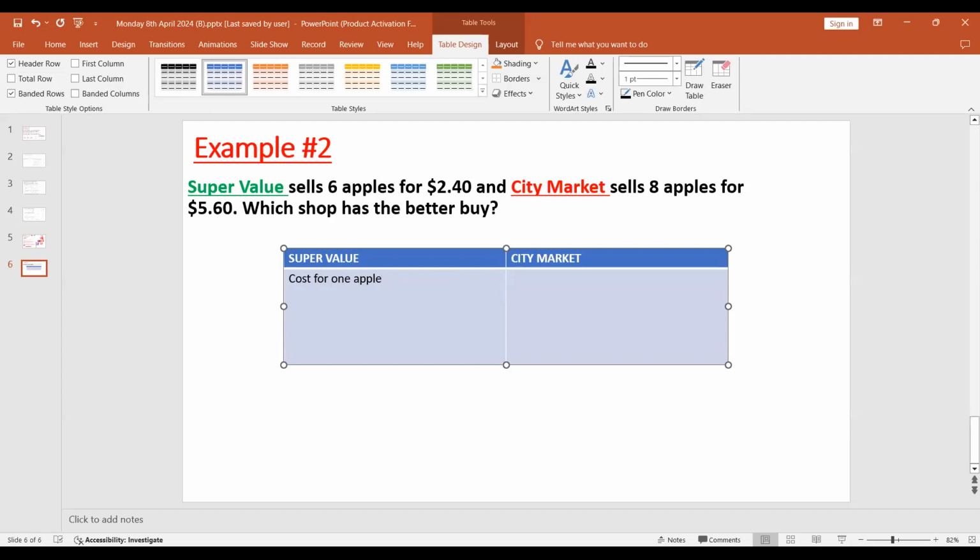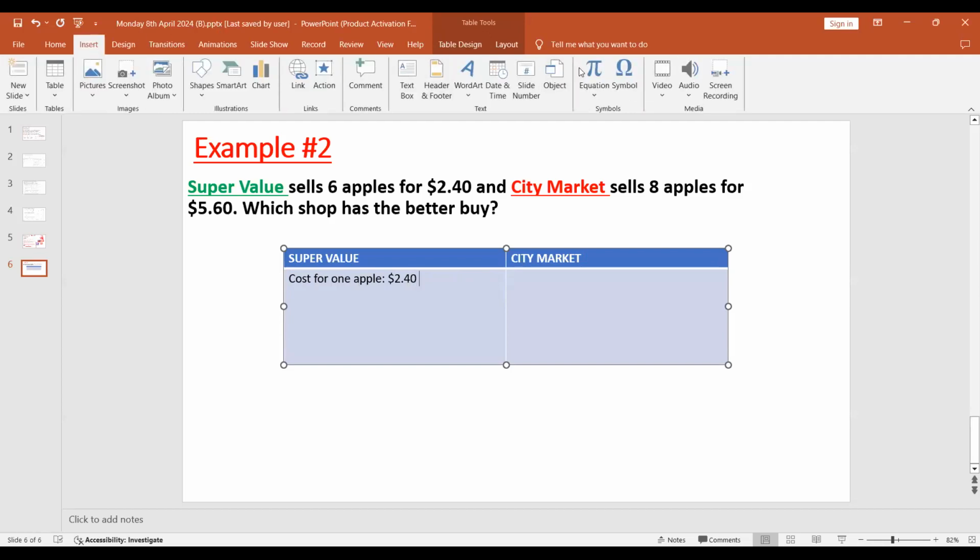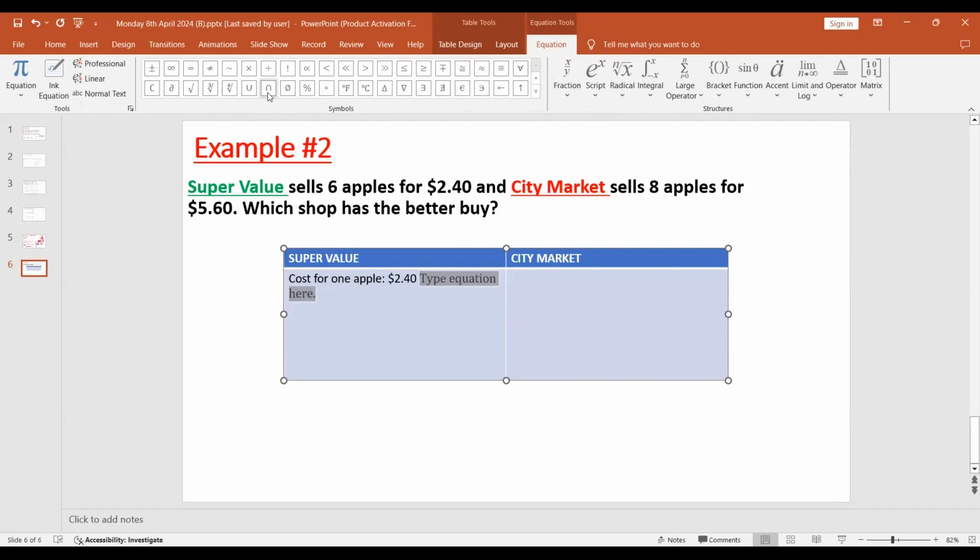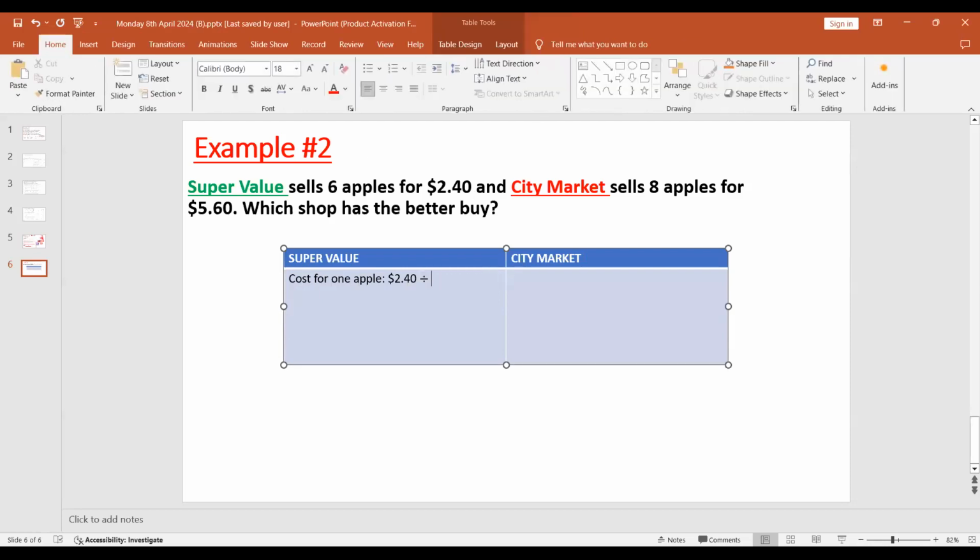Okay, so for Super Value, how are we going to find the cost of one apple? We have to take $2.40 and divide that by 6.